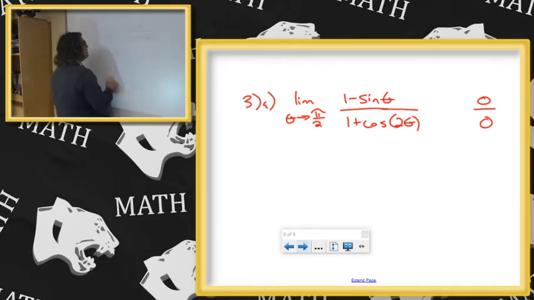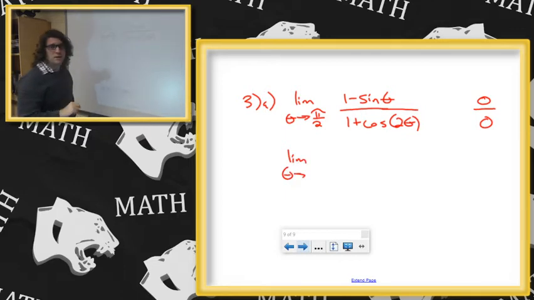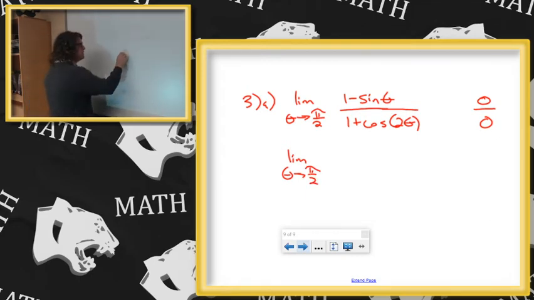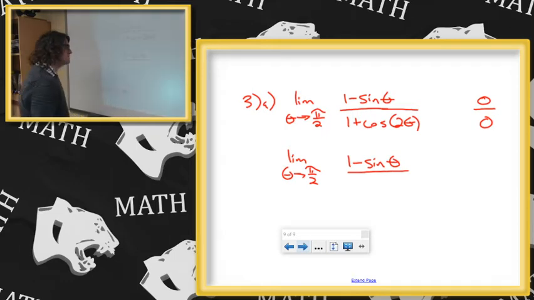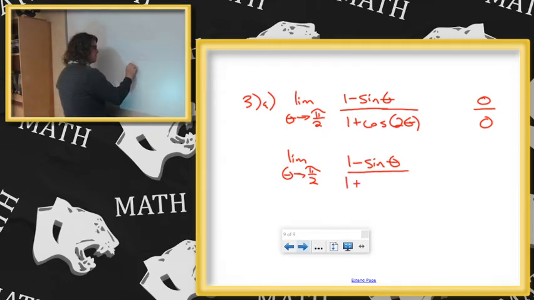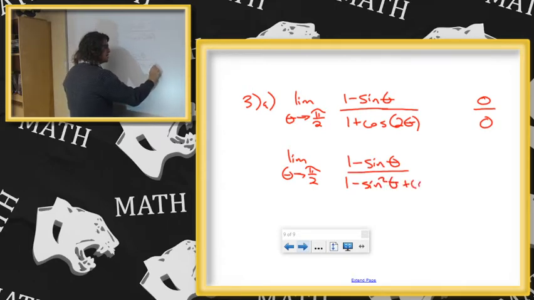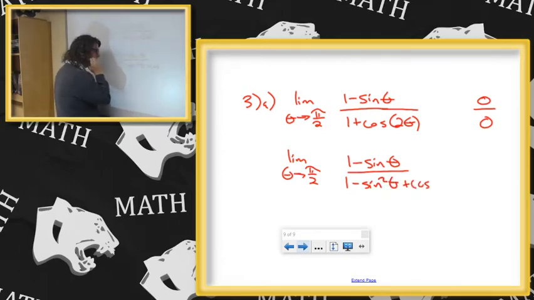Next up, I'm going to do it that way this time. I could use L'Hopital's rule, and that would be probably my go-to most of the time. But let's see this thing work algebraically without taking a derivative here. So get 1 plus cos squared minus sine squared. So I'm going to put the 1 minus sine squared first, actually, plus cos squared.